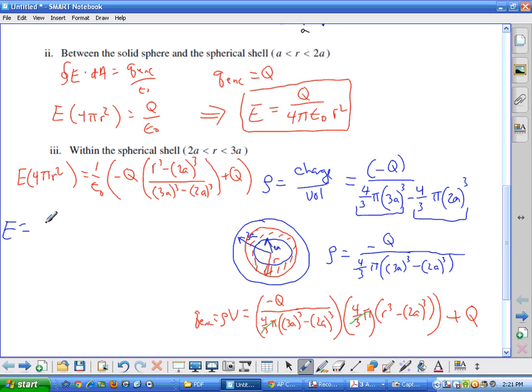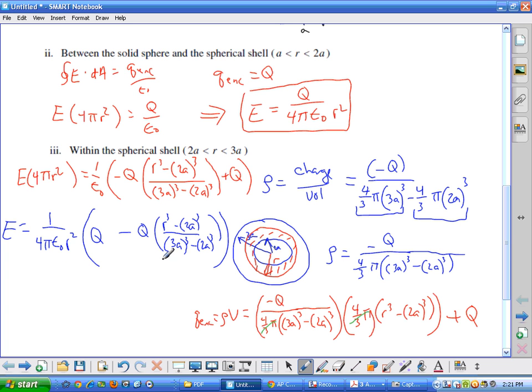So we have 1 over 4 pi epsilon 0 r squared, and then we have this whole term right here, which is the plus q minus q times r cubed minus 2a cubed over 3a cubed minus 2a cubed. And again, that would be simplified enough.